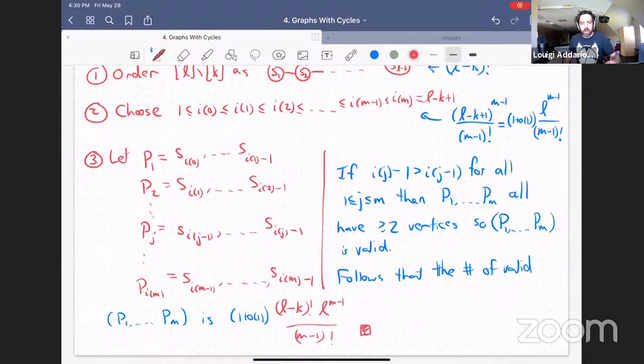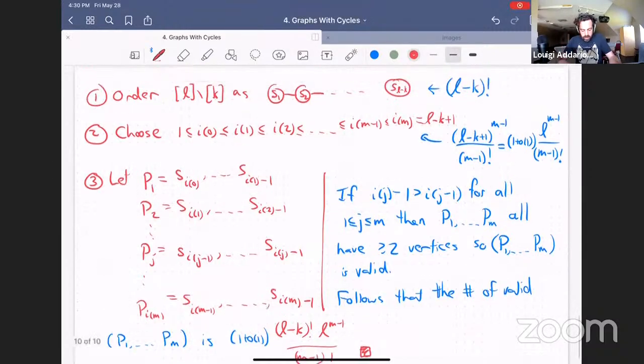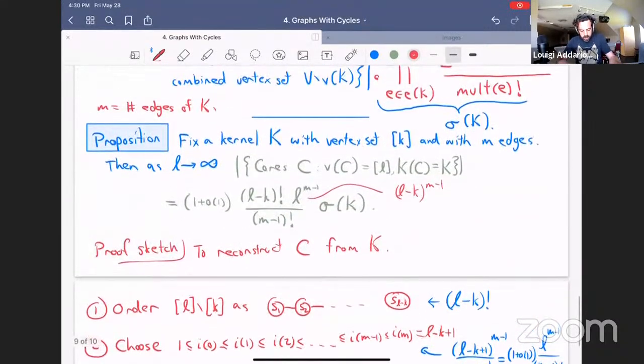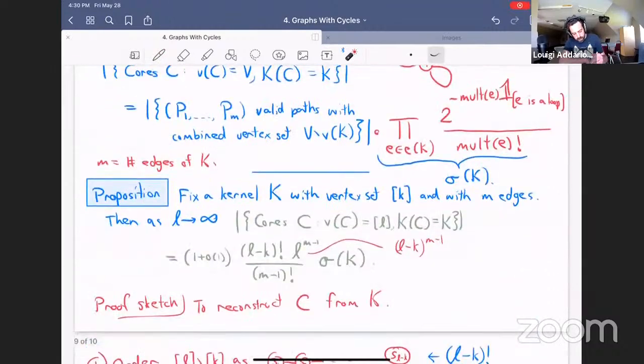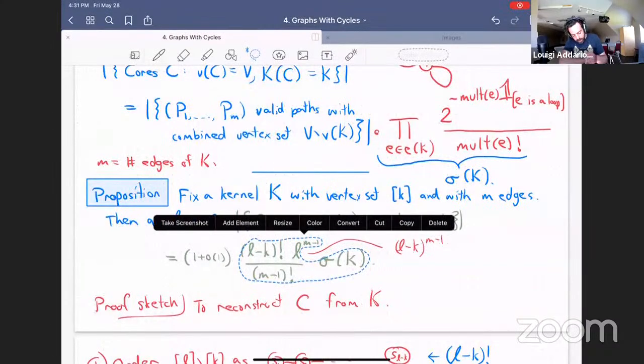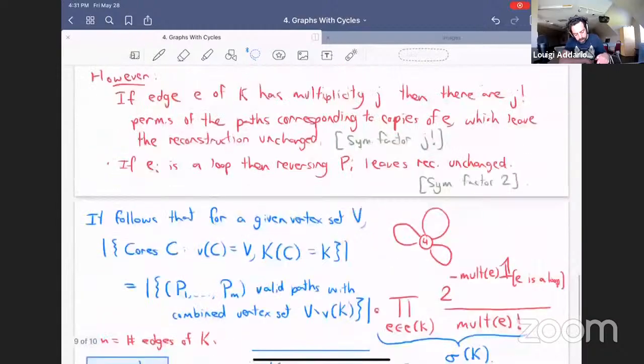Okay, so that's the last thing I wanted to do today. We now have an asymptotic formula for the number of cores corresponding to a given kernel. That's now simpler. It's not exact. It has this 1 plus little o of 1 term, but it's good enough for probabilistic purposes.